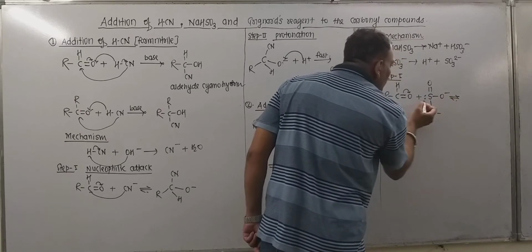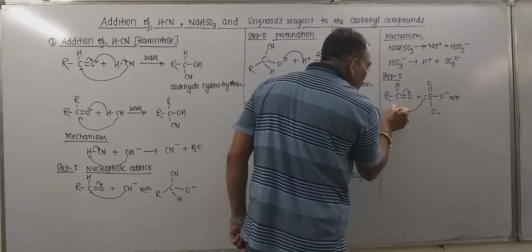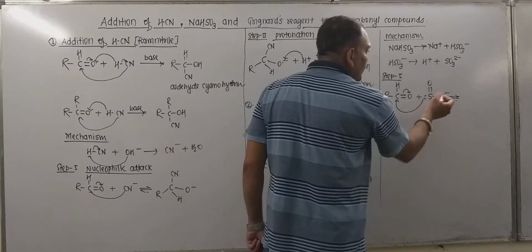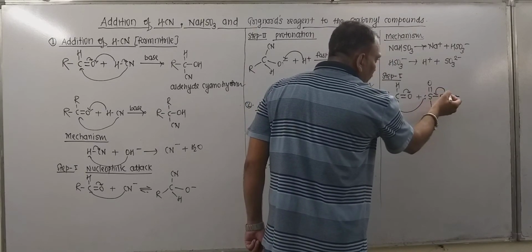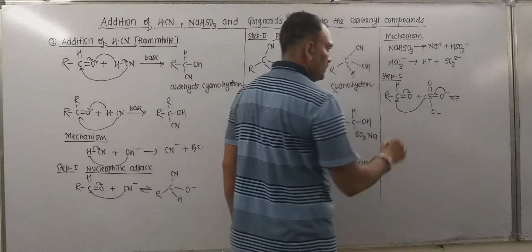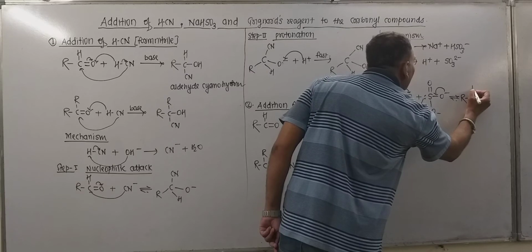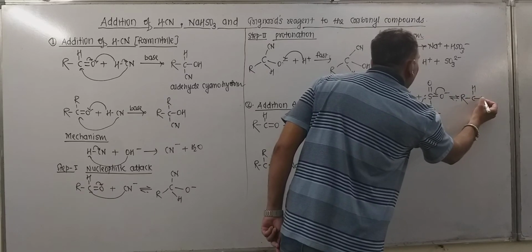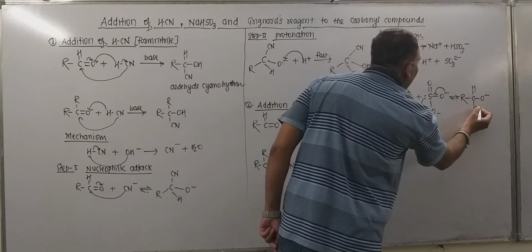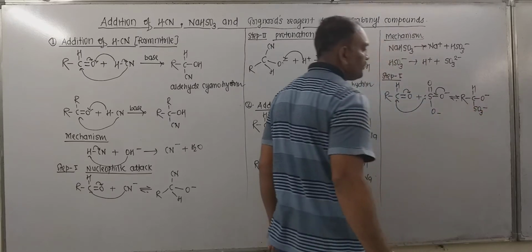Exactly, this sulfur along with the lone pair attacks the carbon and this electron pair may get shifted like this, that leads to the formation of an addition product which can be given as.